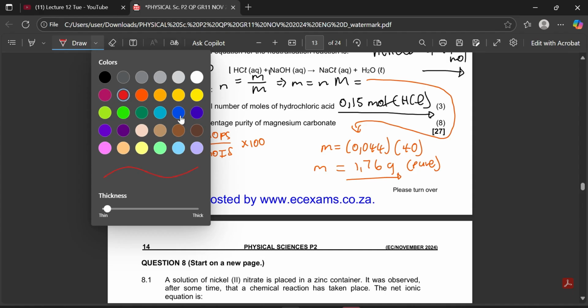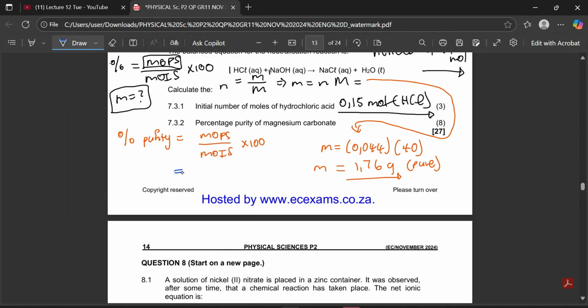With the point I was trying to make, you can't have your numerator greater than your denominator, because it would lead to a percentage greater than 100.